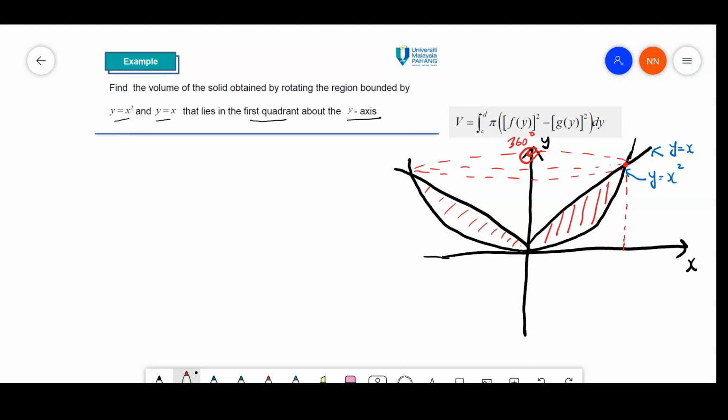From here, again, you must decide which function represents your outer radius and which function represents your inner radius.